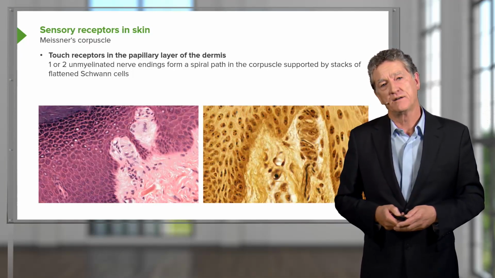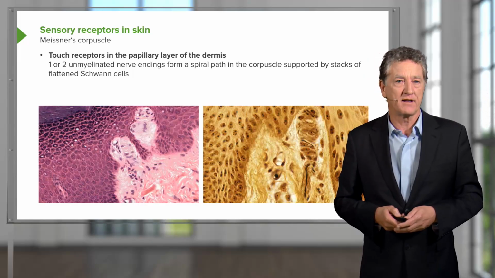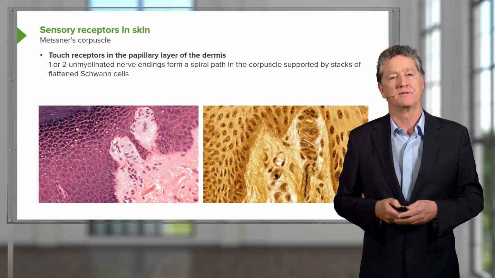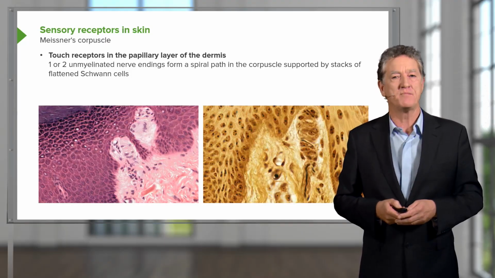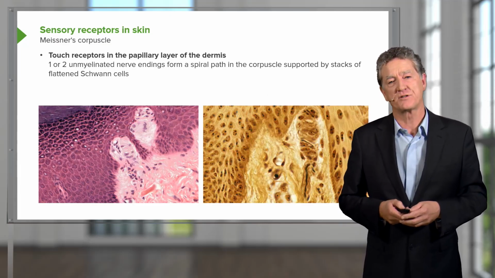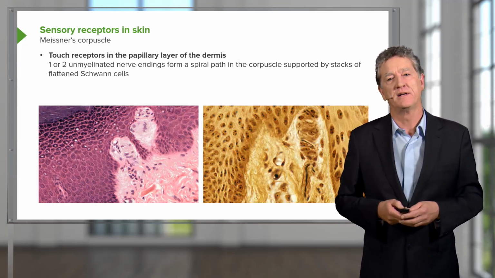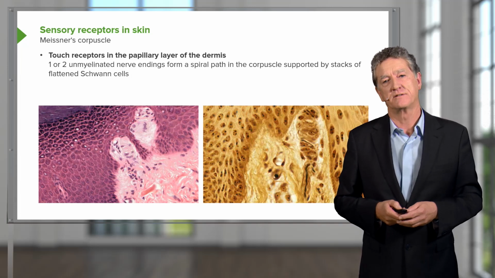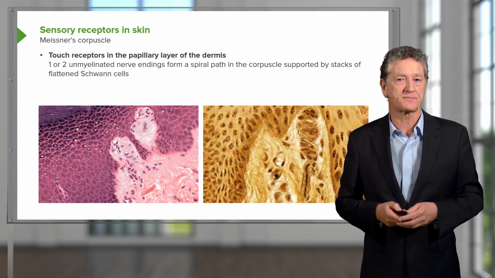Let's see now how we can identify a Meissner's corpuscle. These are touch receptors, and you find them concentrated in places on the body like the lip or the fingertips or the toes, places where it's really important to have a very precise sensation of touch.